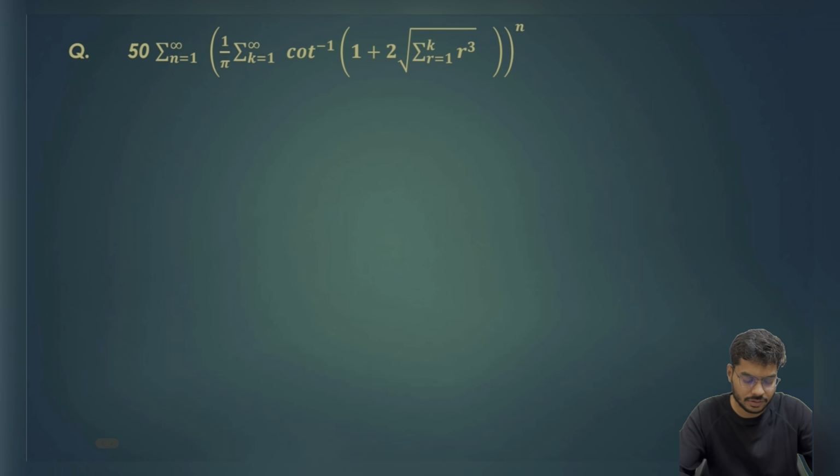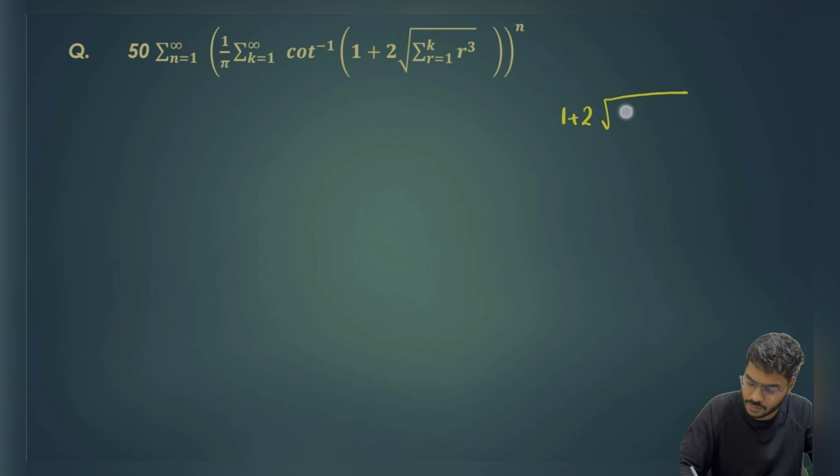See the next question. 50 times summation of n equal to 1 to infinity of 1 upon pi, summation again k equal to 1 to infinity cot inverse of 1 plus 2 under root of summation r cube. So first I will solve this particular value. What is the value of summation of r cube?